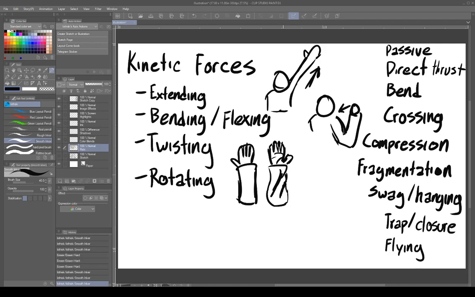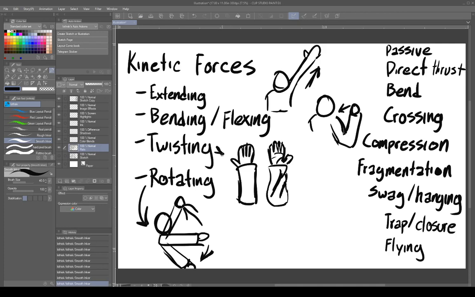Rotating, you can think of it as if you're holding your arm outward in front of you, and anytime that it moves this way or that way, whenever you're moving your arms up or down, this is the rotating motion.